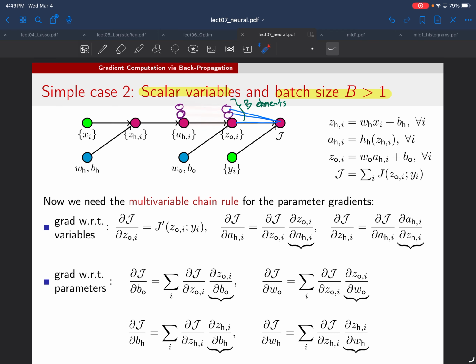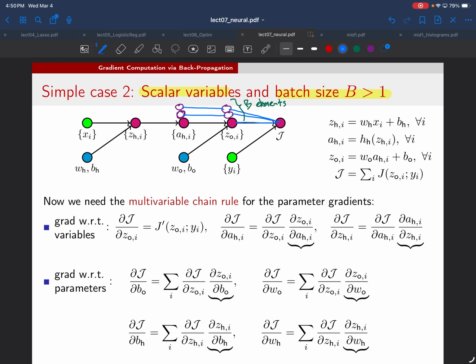So remember, these are different batch elements. When you consider the different elements in the batch, does the first Z out in this batch depend on all the previous hidden activations in the batch? No, right? Exactly. So that's nice because it means that we really have parallel paths here.